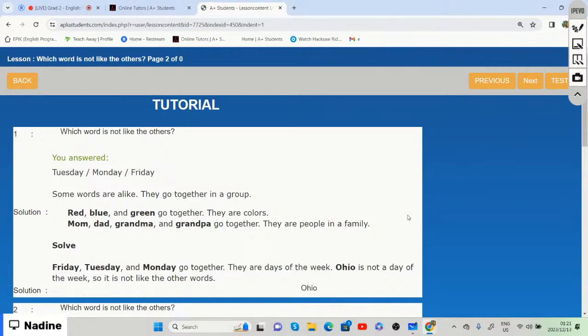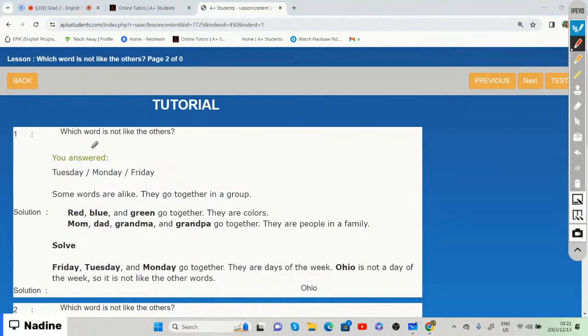Then we have another one, right? Which are Tuesday, Monday, and Friday. So Tuesday, Monday, Friday.